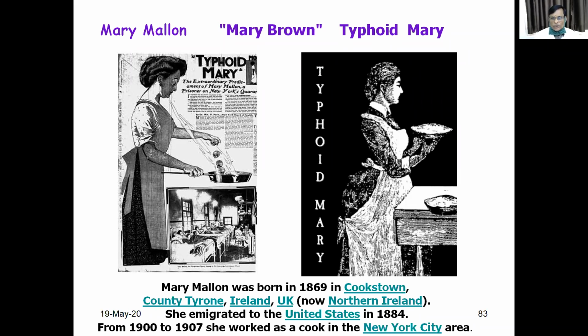She immediately prepared the food and supplied it to the restaurant people. She transmitted it because she was a carrier of Salmonella typhi, and it passed to the individuals who took food prepared by her in the restaurant.